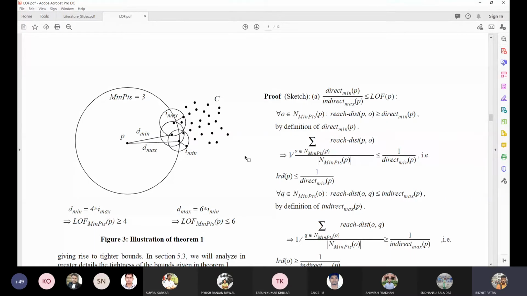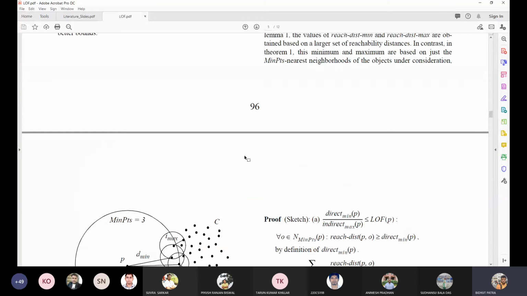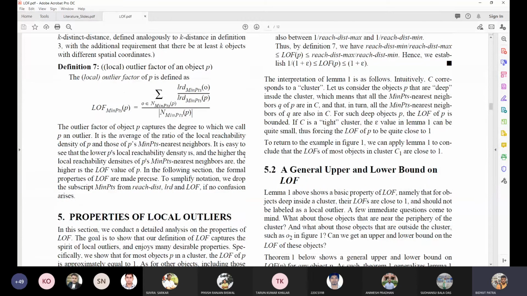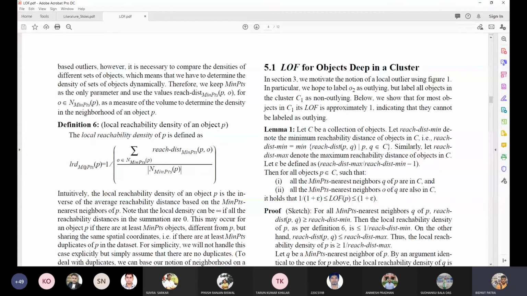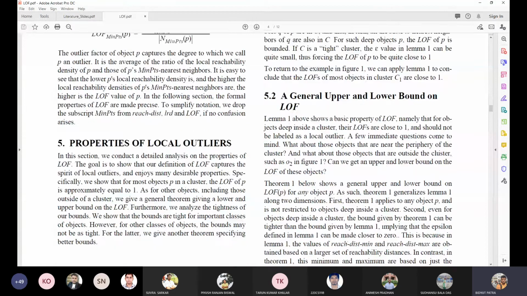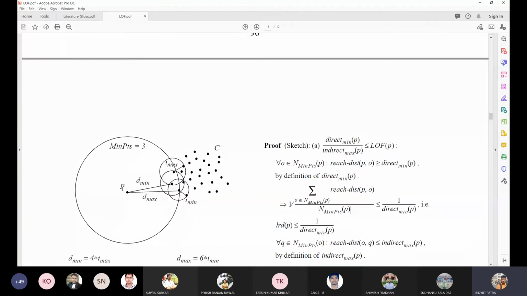So what you can see here now is what we are defining, that is local reachability density. In order to compute the local reachability density, we compute the reach-dist of the point P with respect to O. Now let's say we want to compute this point's local reachability density.